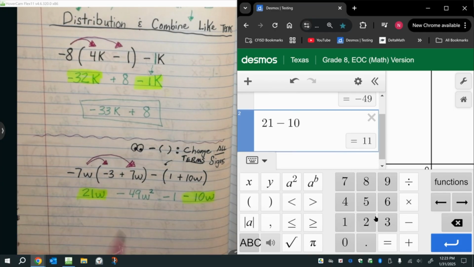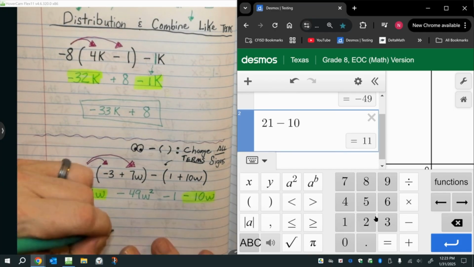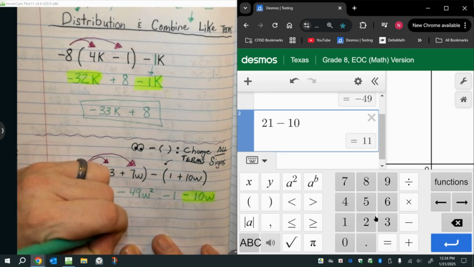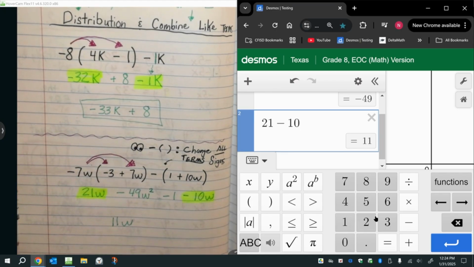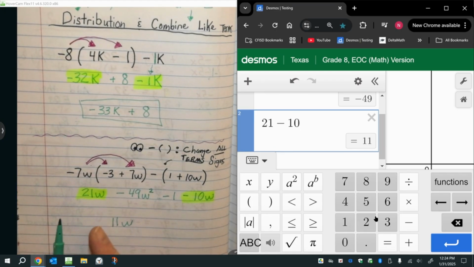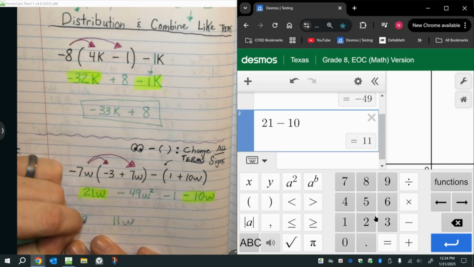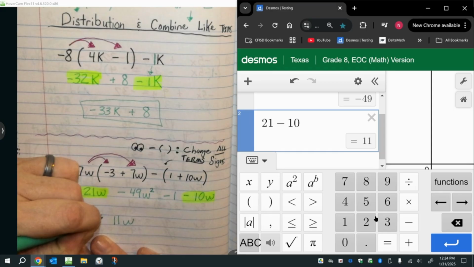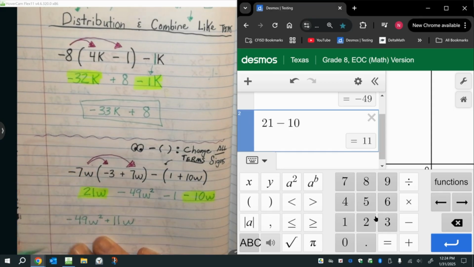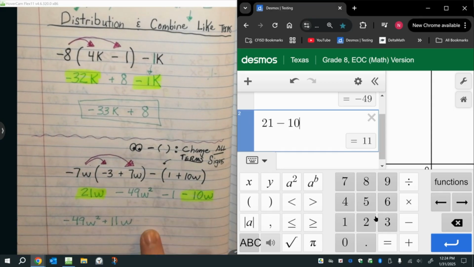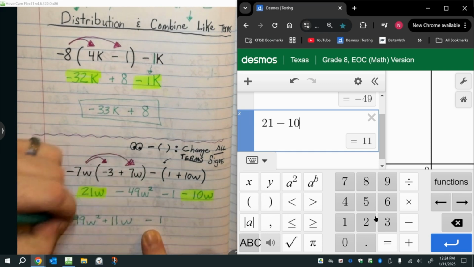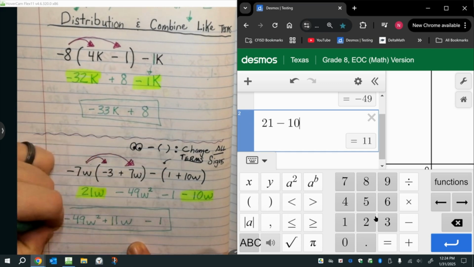So we're going to write 11W. Okay, and then negative 49. I'm actually going to write him here first, which means I'm just going to put a plus sign here. And then I'm going to write him last. And there is my final answer.